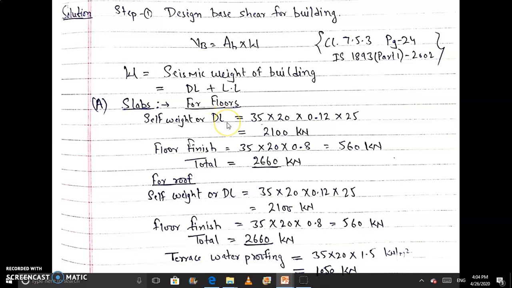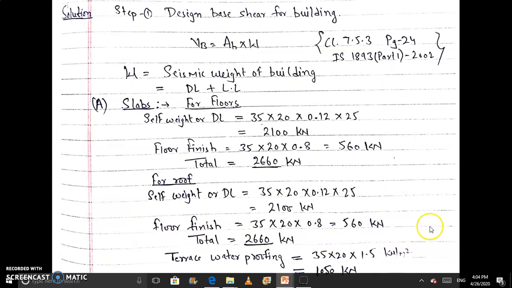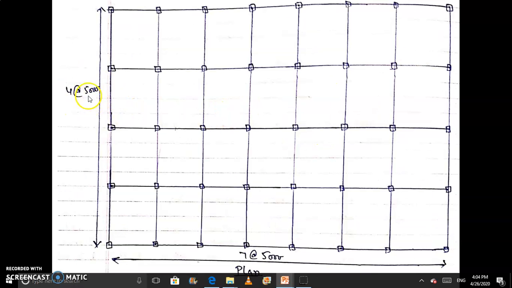If we have a plan, we find this particular area and multiply with density and thickness, and we get the dead load of floors. So here our plan is 4 bays of 5000 mm, meaning 5 meter.